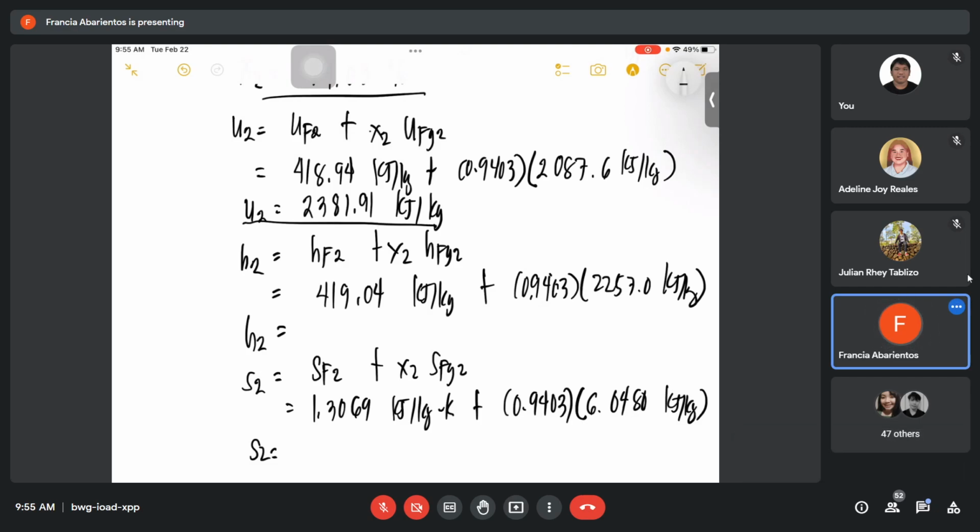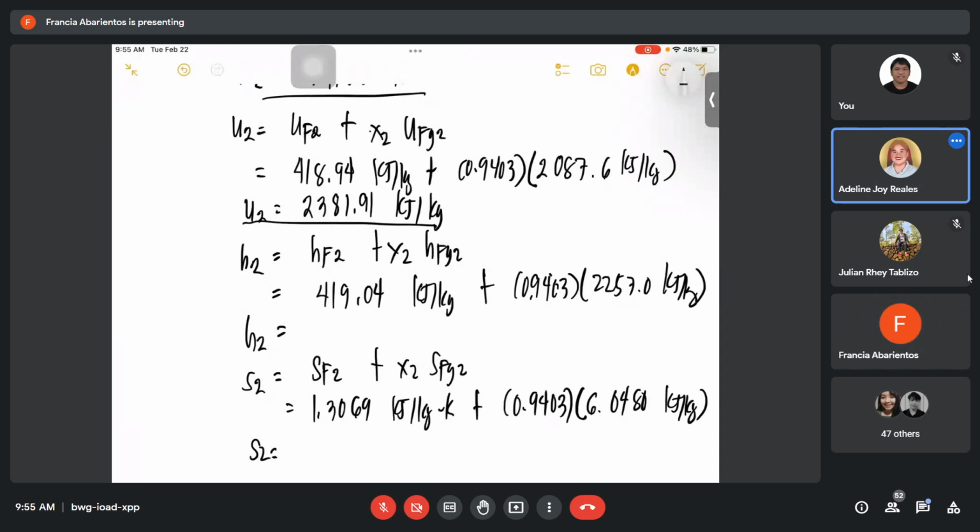And the enthalpy at point 2. Enthalpy at point 2. What is now your answer? Ma'am, excuse po. Pag four decimal places na lang po yung ginagamit, may discrepancy po sa values.